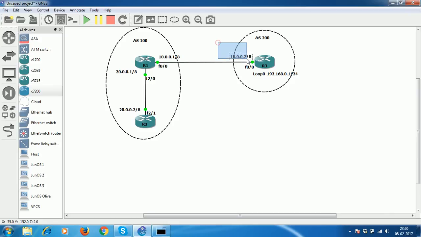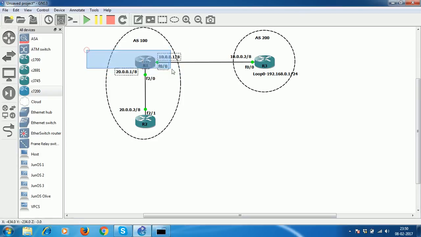Why? R3 didn't advertise that network, which is one possibility; when it is an ISP or enterprise connection, they don't want to advertise their networks. Otherwise R2 does not know where this 10.0.0.2 is located, so it can't reach 192.168.0.1.